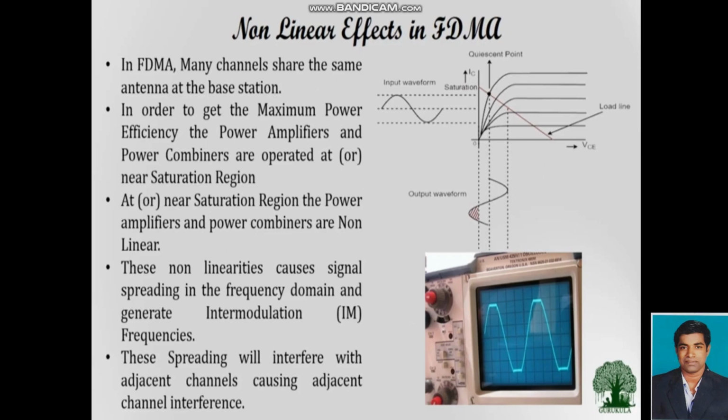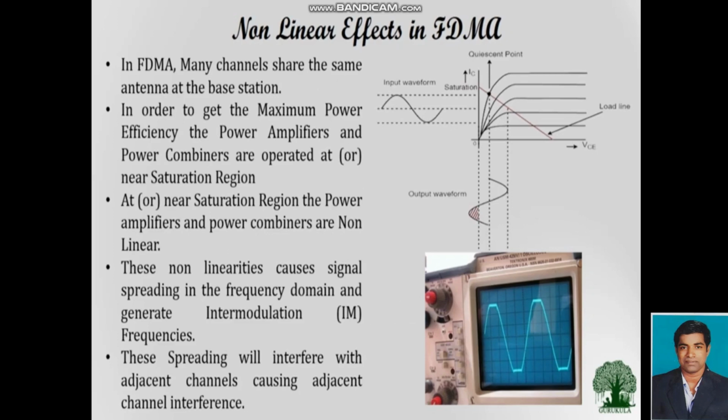In FDMA, many channels share the same antenna at the base station. In order to get the maximum power efficiency, the power amplifiers and power combiners are operated near the saturation region.